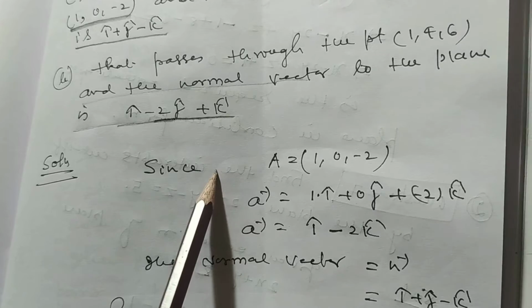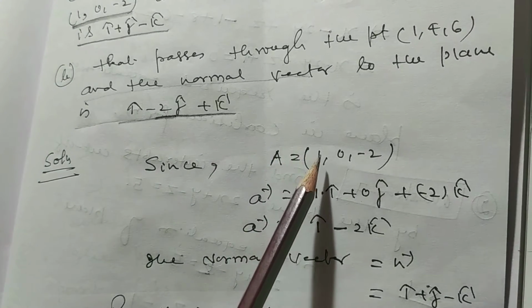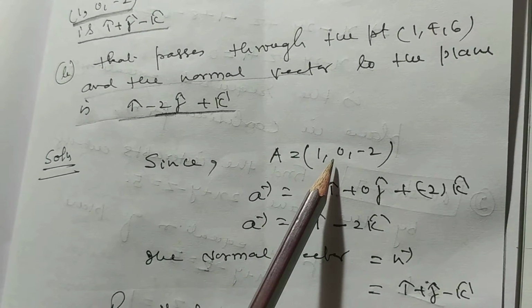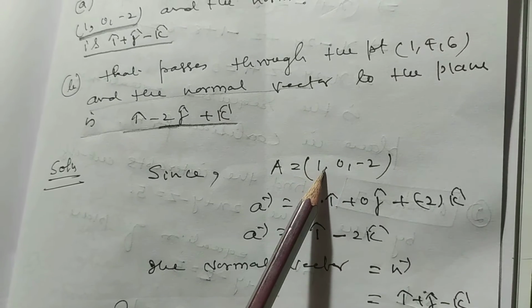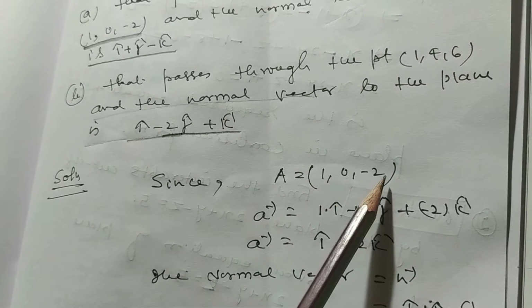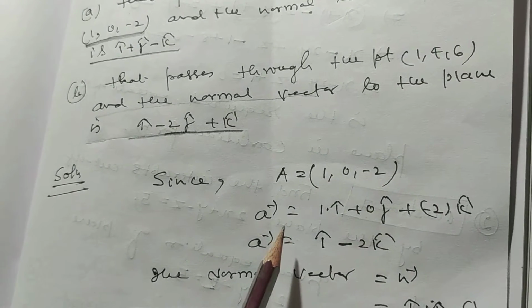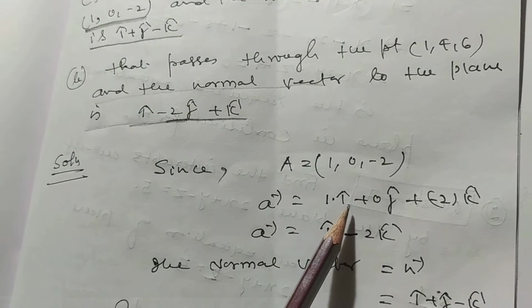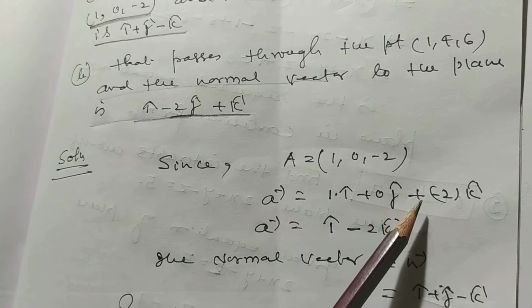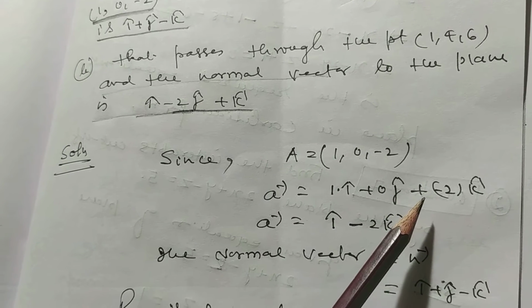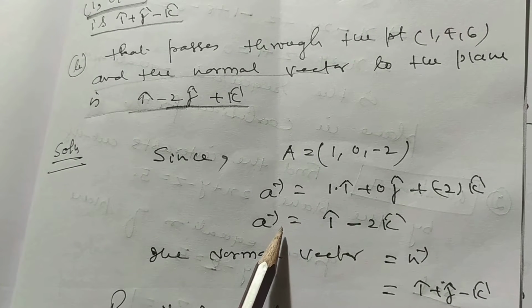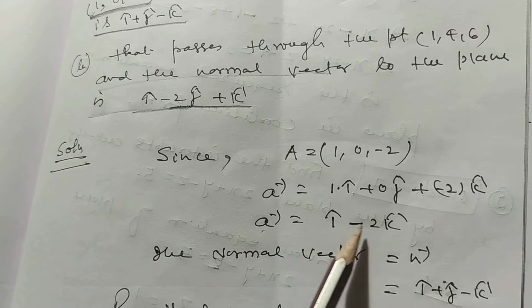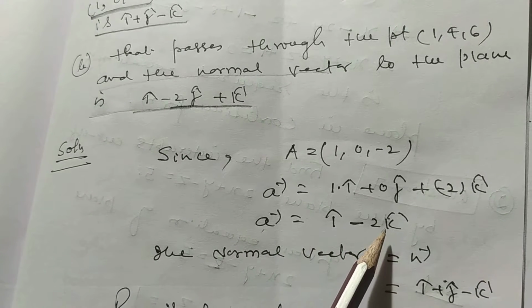My dear student, here the coordinates of the point are given. Suppose A is a point whose coordinates are (1, 0, -2). Therefore vector a is equal to 1 into i plus 0 into j plus -2 into k, so vector a is equal to i cap - 2k cap finally.